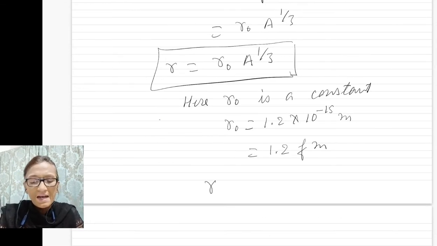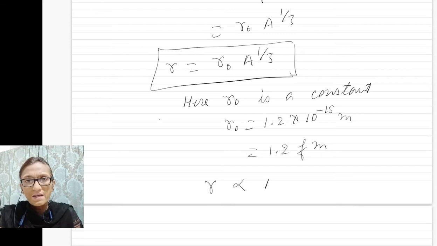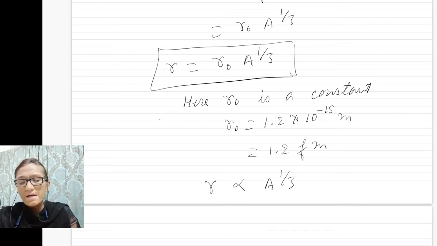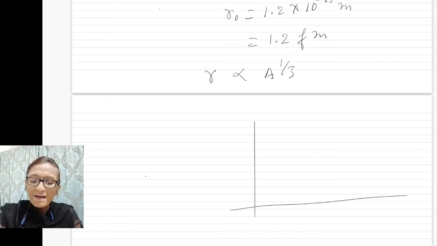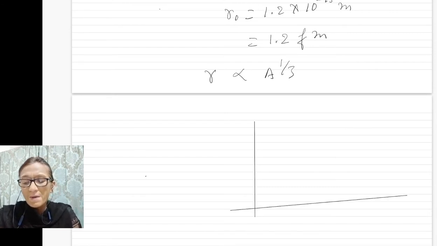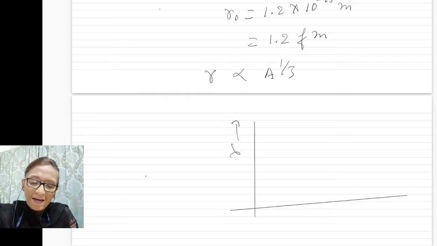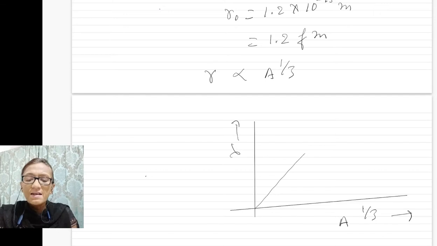So you find that the radius of a nucleus is proportional to the 1/3 power of atomic mass. When you draw a graph between radius and the 1/3 power of atomic mass, taking one along each axis, it should be a straight line as they are directly proportional to each other.